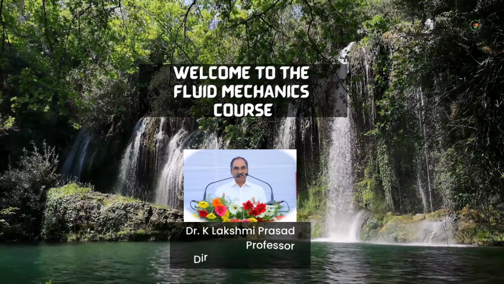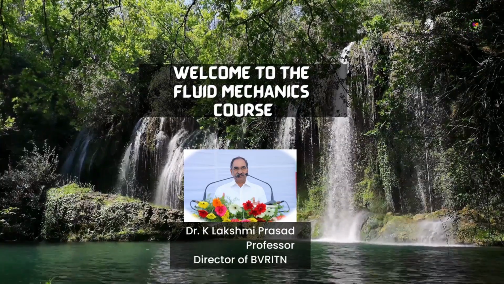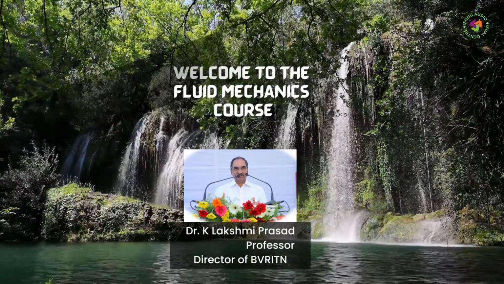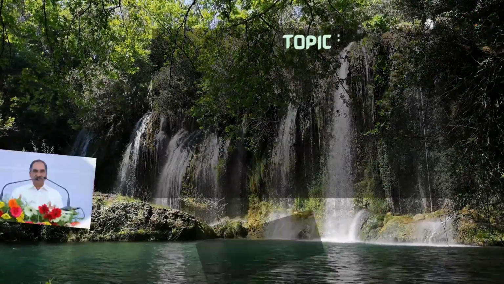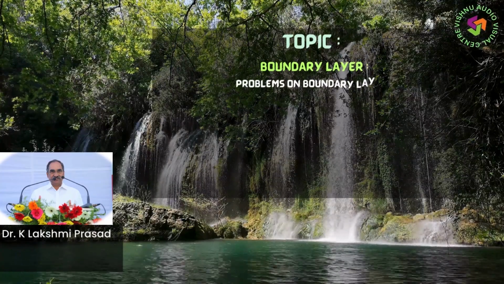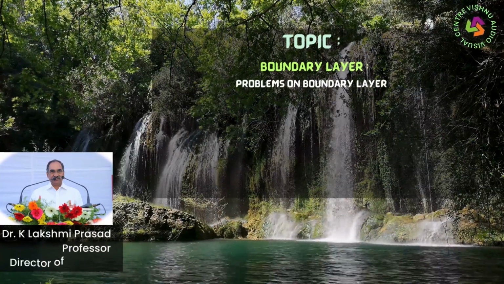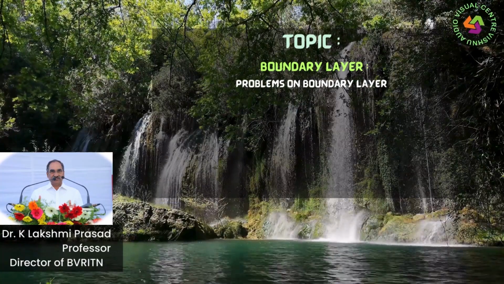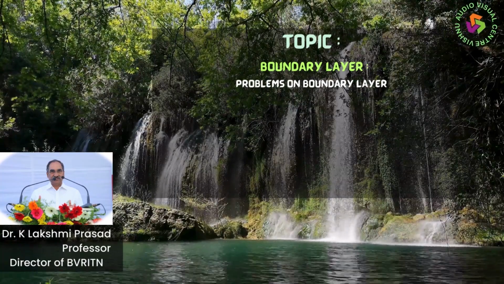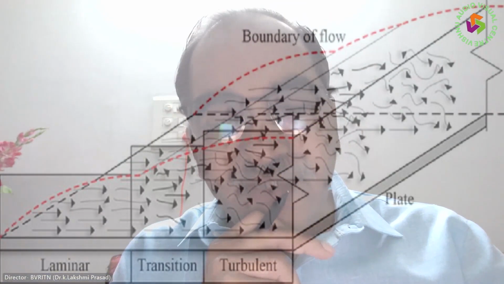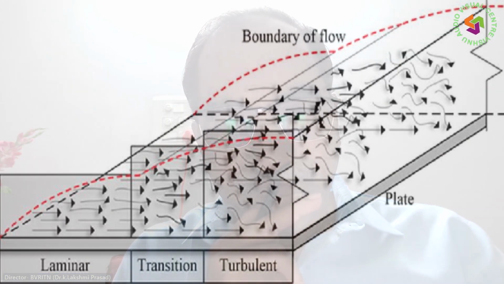So, in this lecture, we discuss some of the problems on how to determine the laminar boundary layer thickness, shear stress, and drag force. Similarly, how to determine the turbulent boundary layer thickness, shear stress, and the drag force.